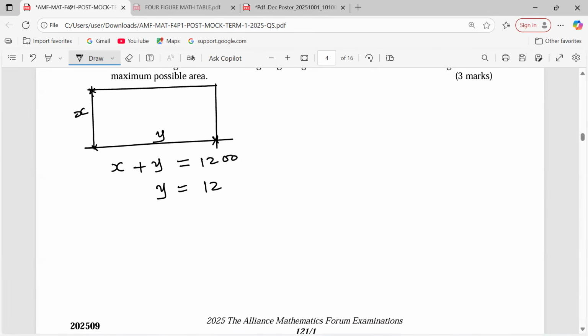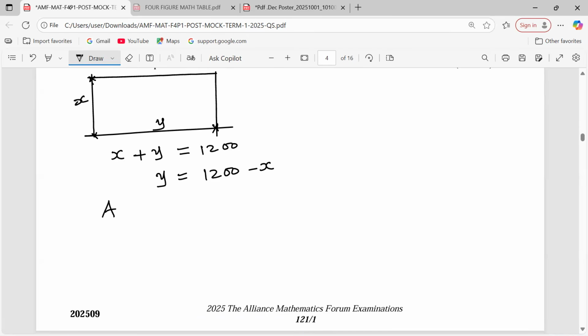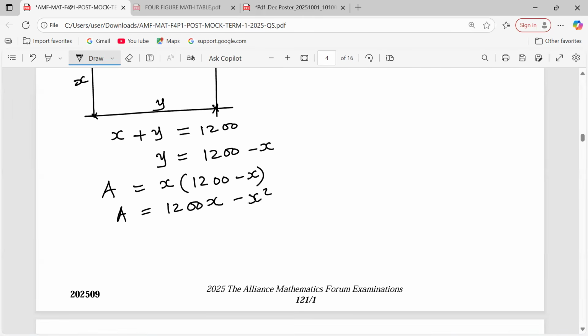Y expressed becomes 1200 minus X. Then we can say maximum area equals length times the width which has been expressed. Area equals 1200X minus X squared.